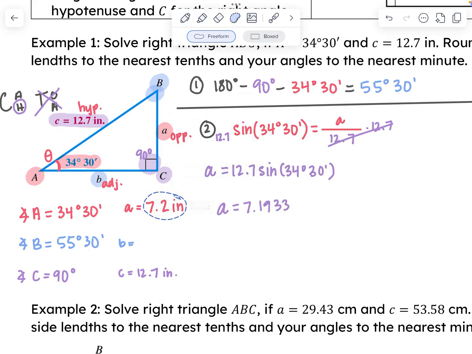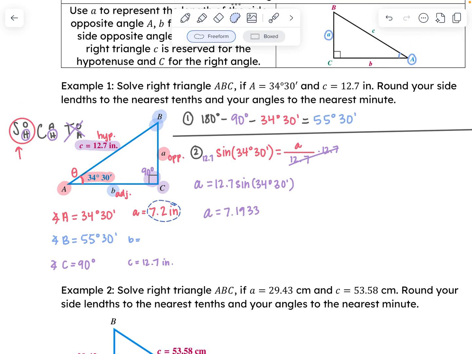Now I need to go through and find side B. So for side B, instead of sine from SOHCAHTOA, this is where the cosine is going to be helpful. Cosine has the adjacent over the hypotenuse. And so my adjacent side is the side B that I'm missing.